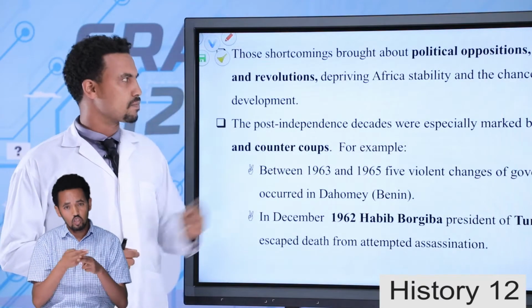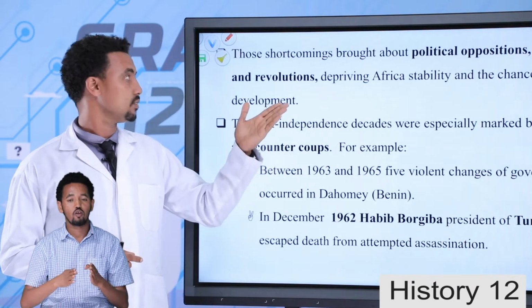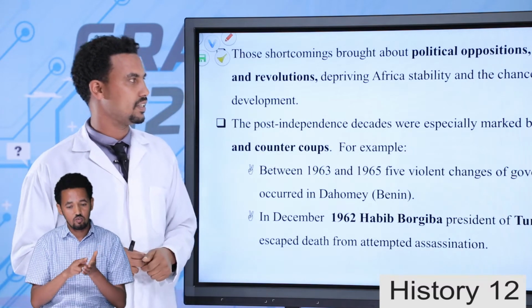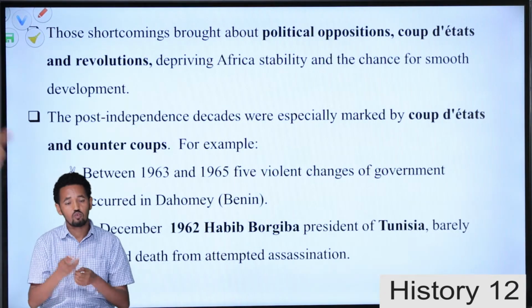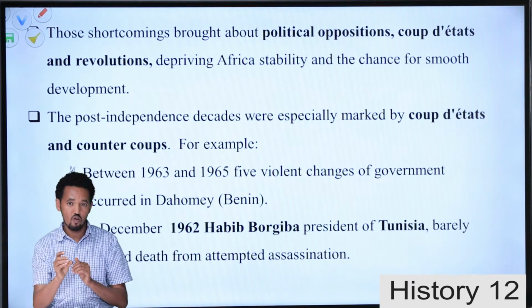Those shortcomings brought about political opposition, coups d'etat, and revolution, depriving Africa of stability and the chance of smooth development. It affects the development of African countries.